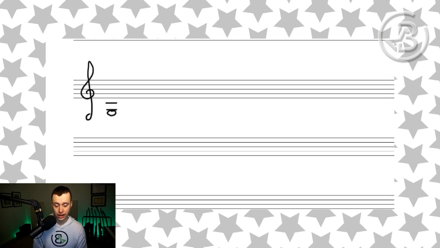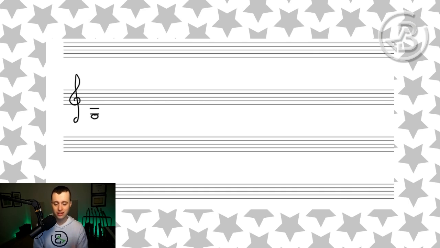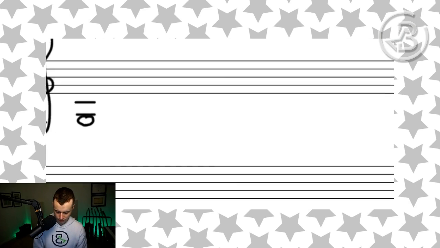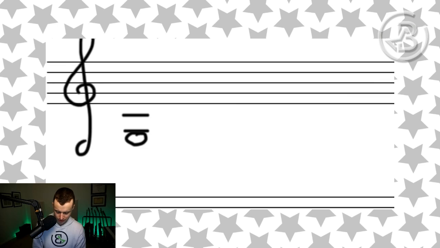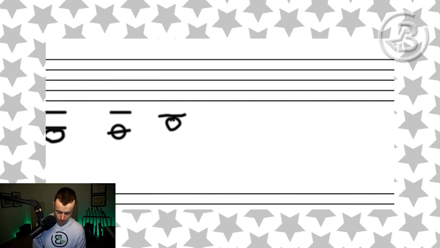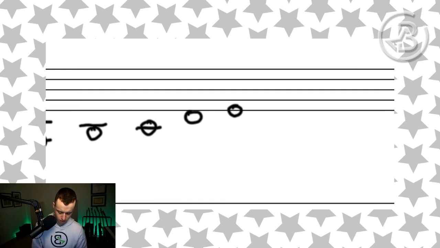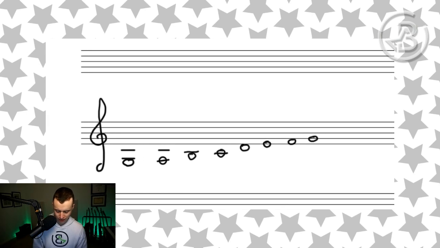Okay, so now we need to write one note on every line and space of the staff or ledger lines until we get to the G 1 octave higher. So don't even need to think about the note names. Just write the note on the next line up, on the next space up, on the next line, on the next space, and so on.